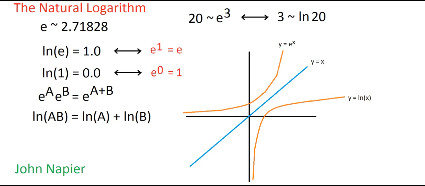Now we're going to learn both the natural logarithm and the exponential function at the same time. These functions are inverses. What one does, the other undoes. And if you look at the graph, you can see that the bottom left, the curve for the logarithm of x, is a mirror image of the upper left curve for e to the x.